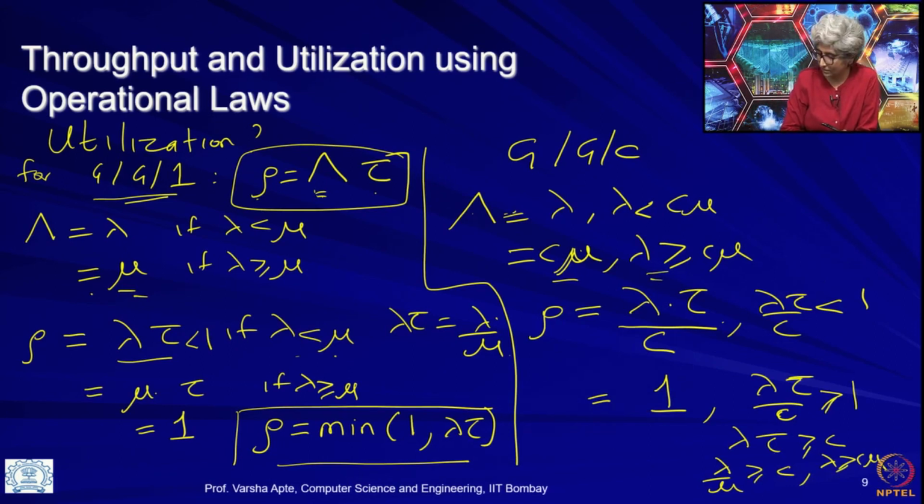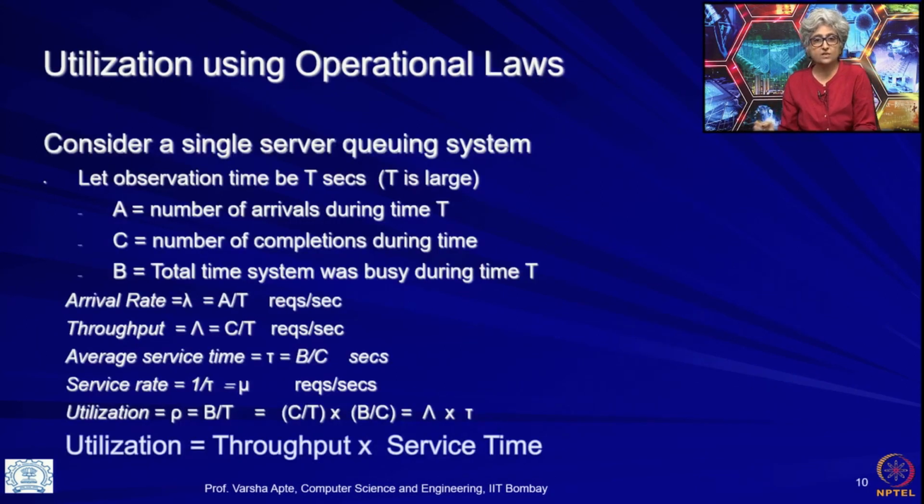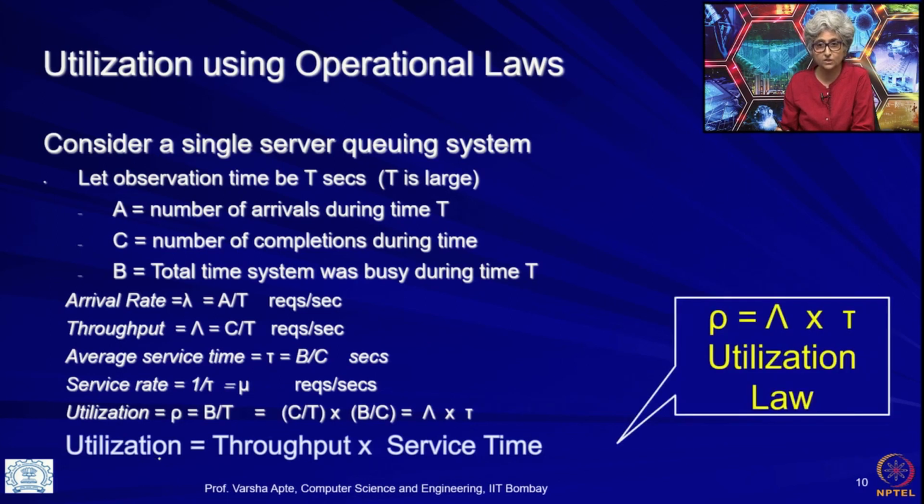So, now we got G/G/1 and G/G/C. Now this is actually just summarizing whatever we have just talked about; I wrote it a little bit informally, but this is repeating everything. This is the derivation of the operational laws. I will not go over it again; this is for you to refer to once you have seen the lecture. This was the utilization law for a single server.